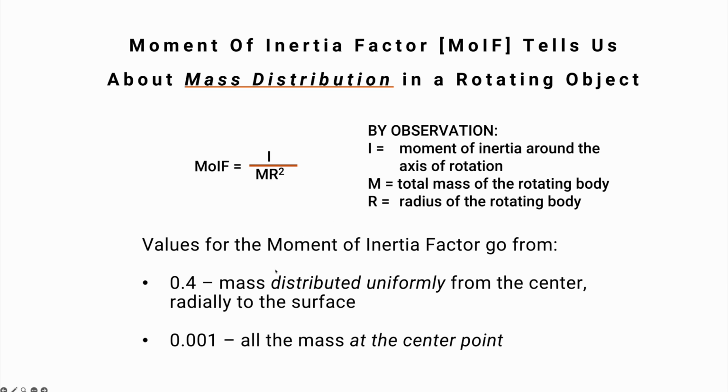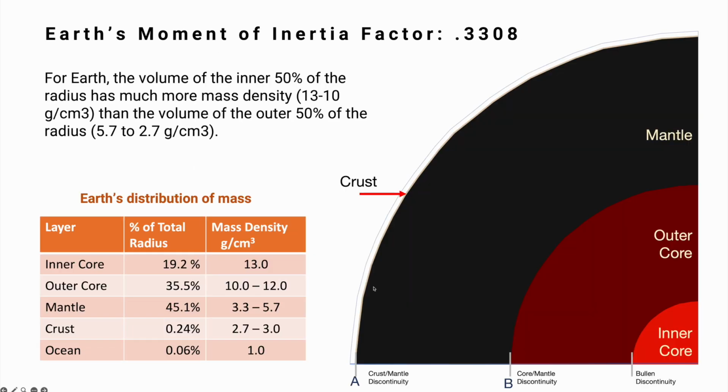The values for moment of inertia go from 0.4, which means that the mass is distributed uniformly from the center radially to the surface, and very close to 0 means that all the mass is at the center point. For Earth, a planet we know, the volume of the inner 50% of the radius has much more mass density than the volume of the outer 50%.